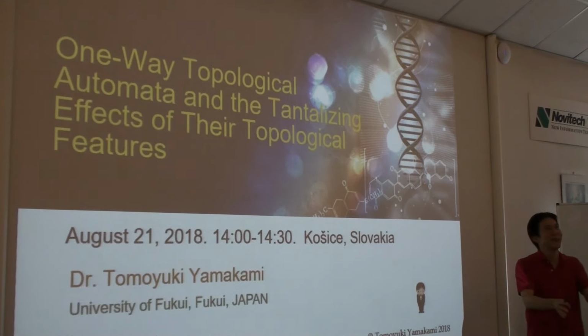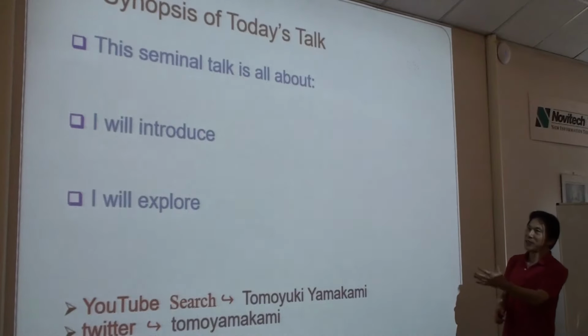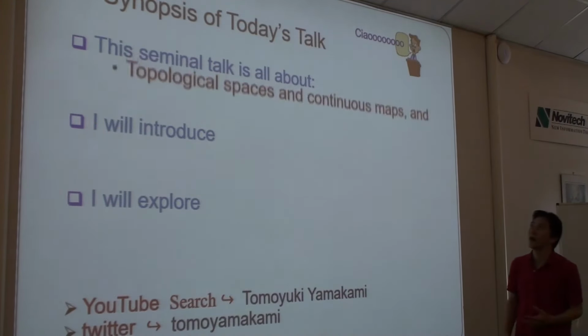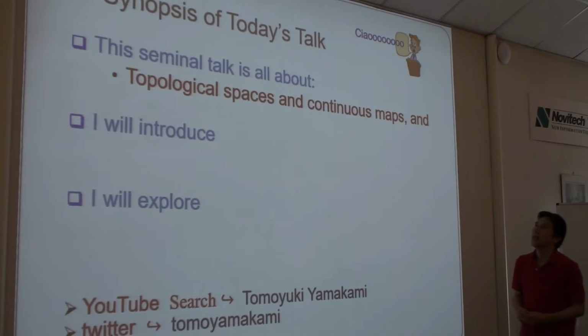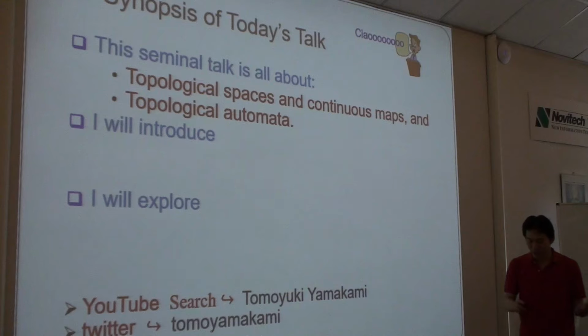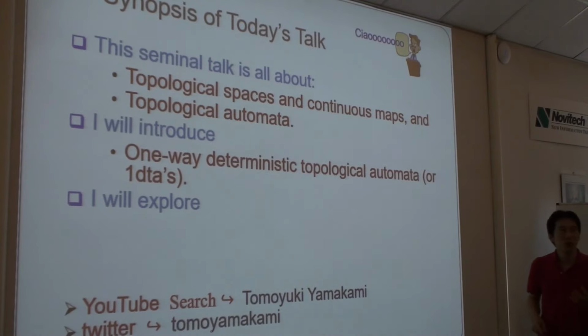All right. So this is just the outline of my talk. This talk is all about topological spaces and continuous maps. Those are mathematical concepts. And also I'm going to talk about topological automata, right? In particular, I'm going to introduce the model called one-way deterministic topological automata.